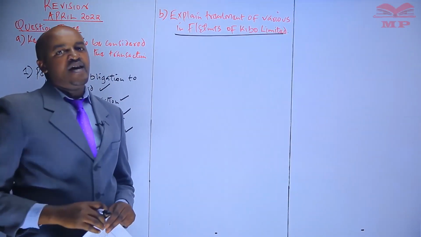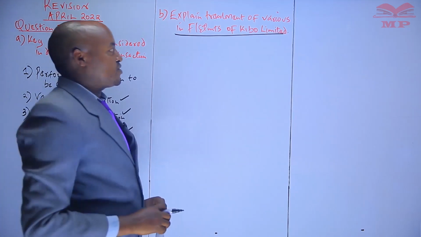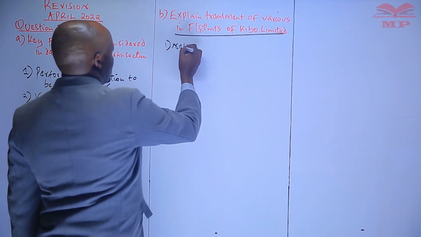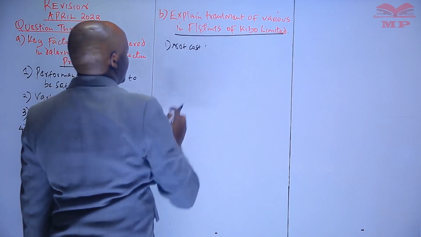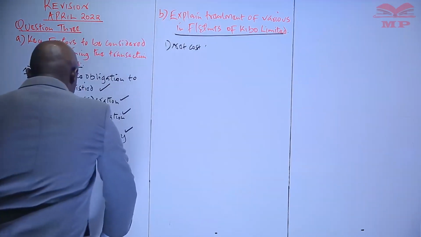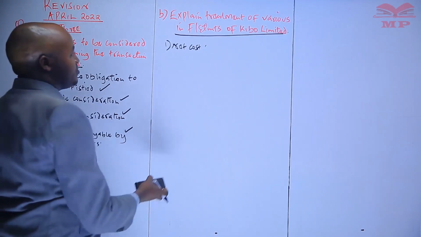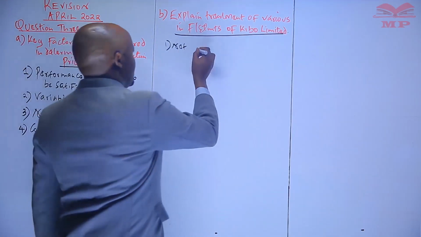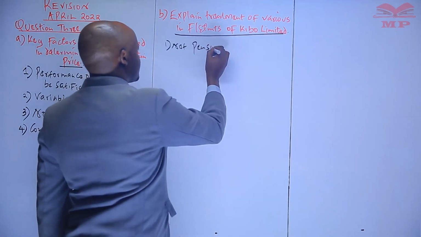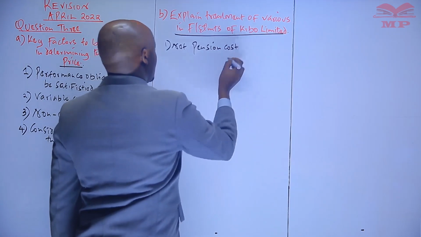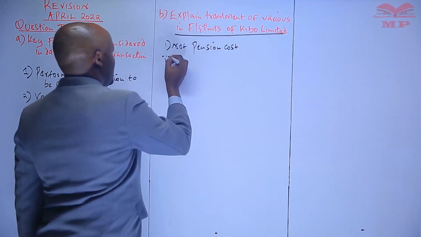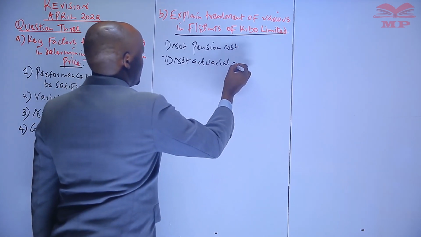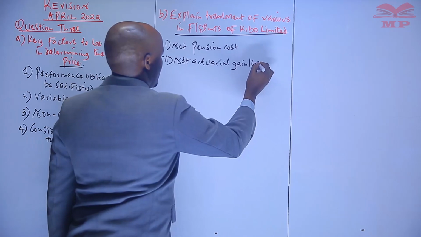Essentially there are three items. Which are those items? One, we have the net pension cost, which is supposed to be taken to the income statement as an expense. The other one is the net actuarial gain or loss.